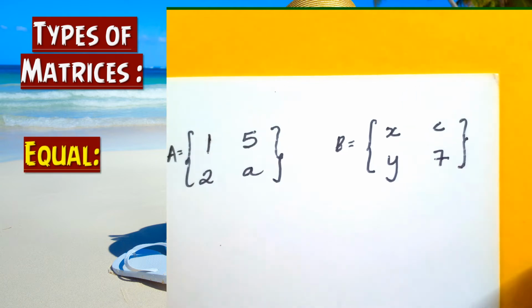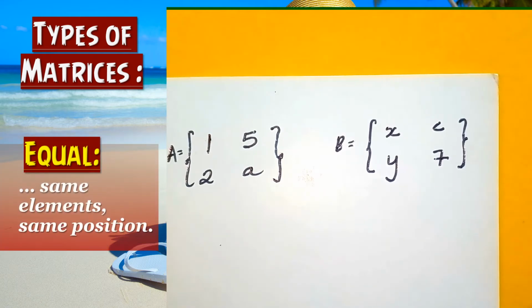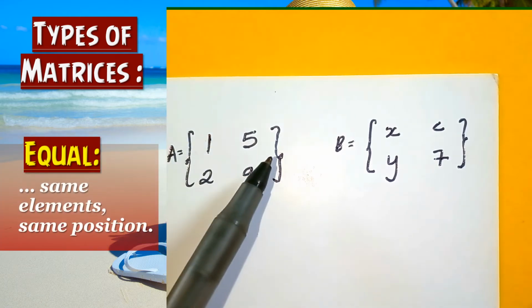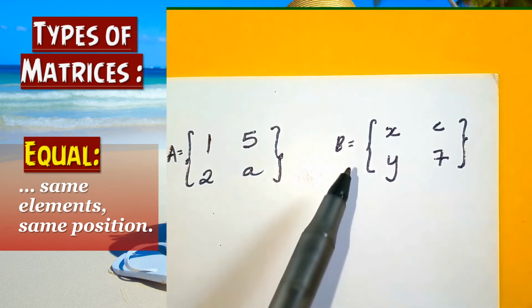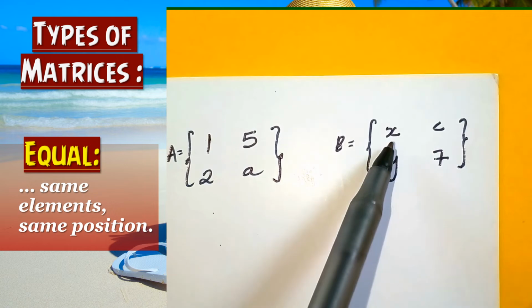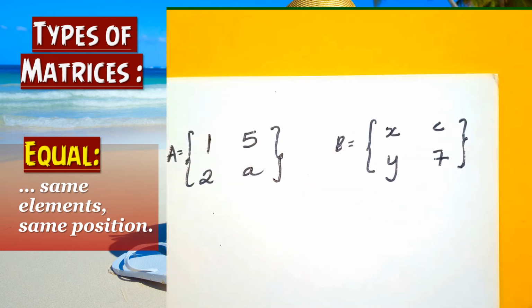Here we have matrix A and matrix B. The elements in matrix A are 1, 5, 2, and A. And the elements in matrix B are X, C, Y, and 7.